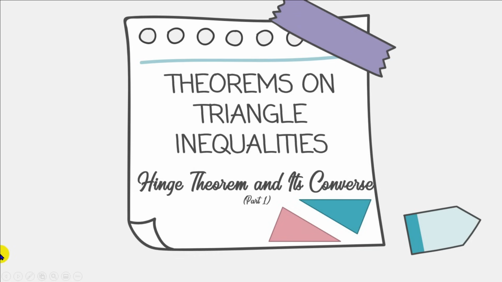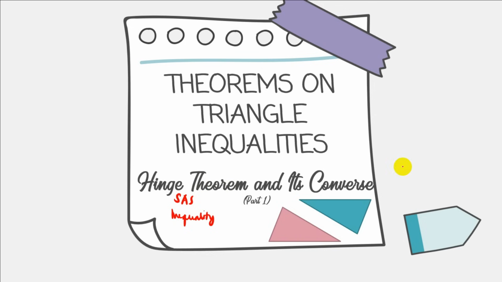Ayan, our topic for this video is the Hinge Theorem and its converse. So, when we say Hinge Theorem, yan yung tinatawag na SAS Inequality, which is, meron daw tayong two corresponding congruent sides and one included angle na kapag kinumpare mo dun sa second triangle, yung included angle daw po ay mas malaki o mas maliit. So, the larger the angle, the longer the opposite side, and the smaller the angle, the shorter the opposite side is.